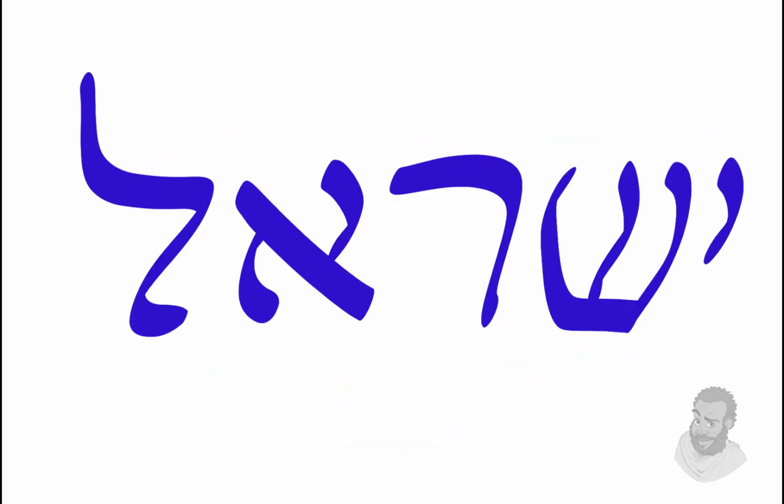So again, this is another abjad. Remember, abjad is just writing the consonants, okay? So you have yod, shin, resh, aleph, and lamed. Could you tell me what this says? There are some people who think that it's this.